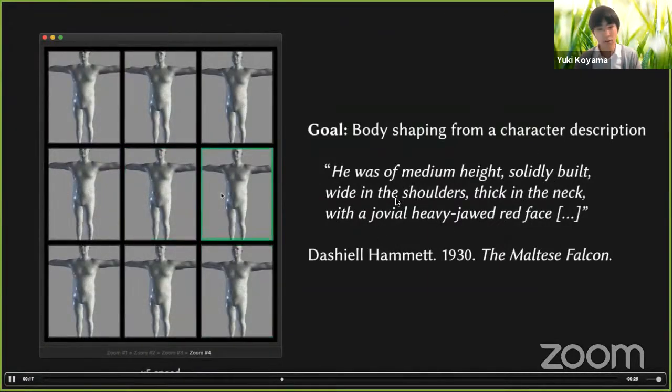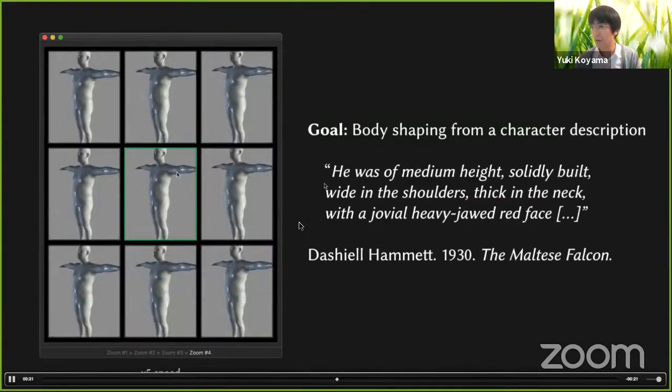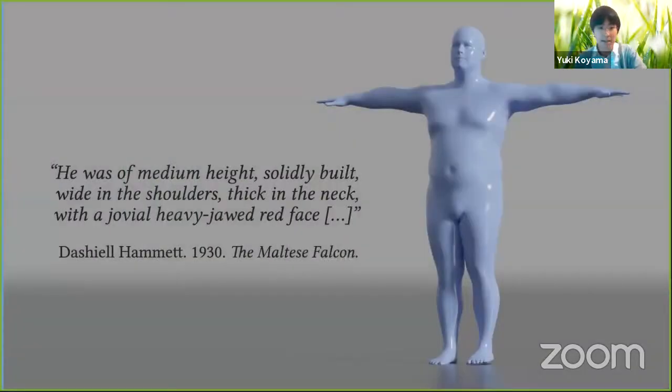The user wants to generate a suitable body shape for this character. After 7 iterations in this case, the user got this model from this text description.